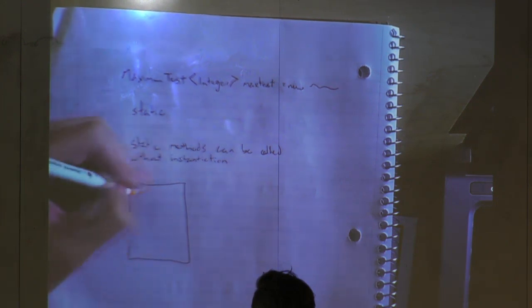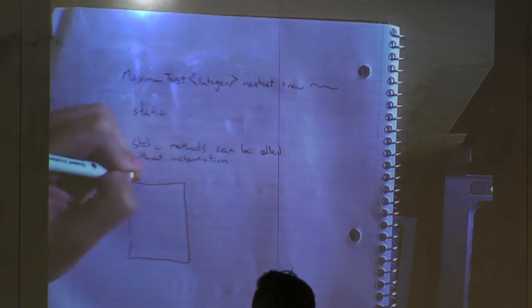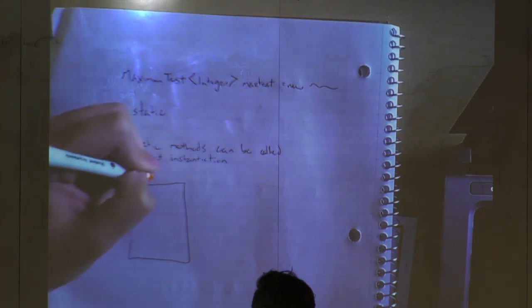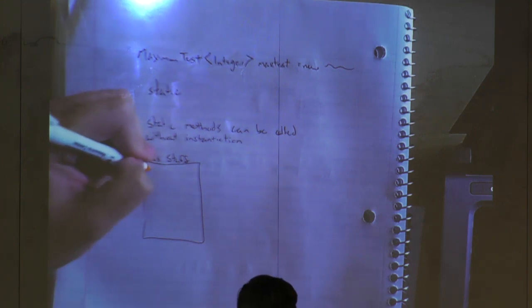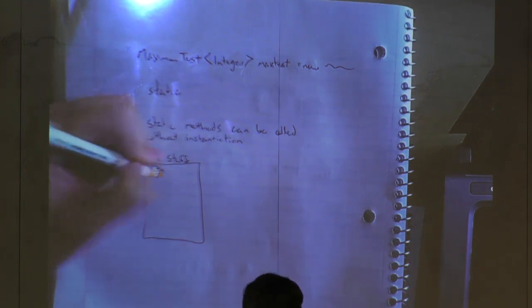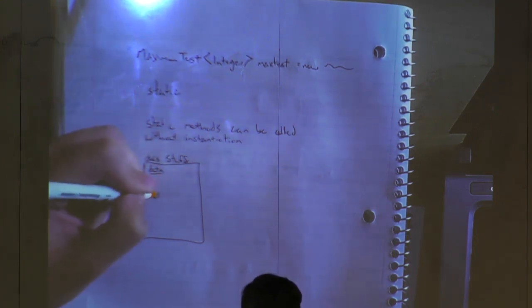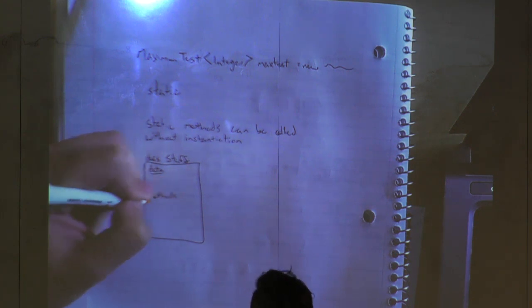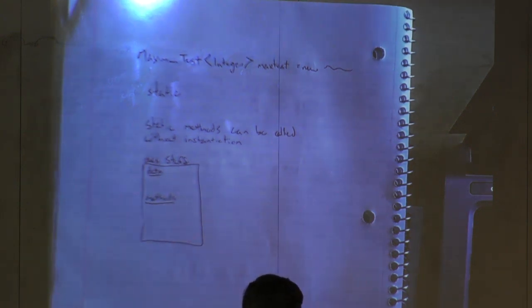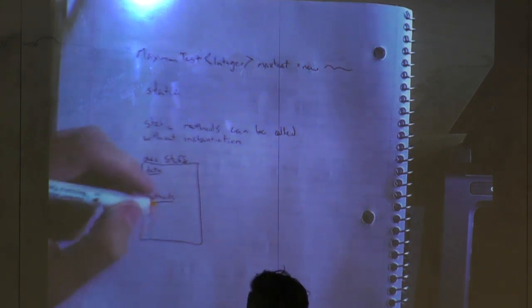So what this means is you have this class definition. And it has some data, and it has some methods. And one of the methods is, I'm going to come up with something really stupid because I'm terrible at thinking of examples.